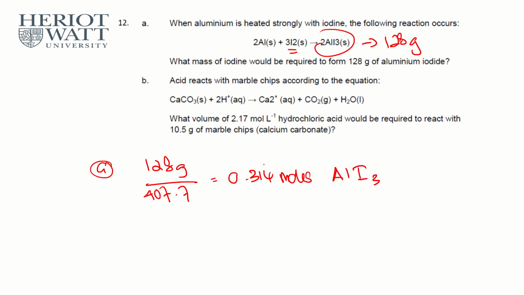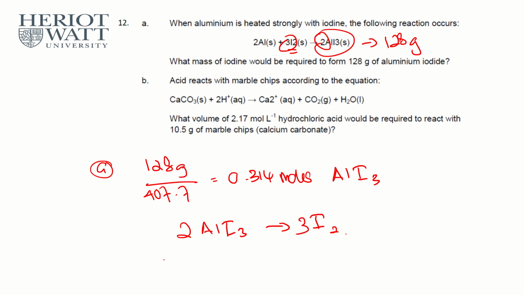All right, that's the mole. And what is the mole ratio of AlI3 to iodine? From the equation it is 2 to 3, right? So 2 AlI3 forming 3 iodine is what I want.